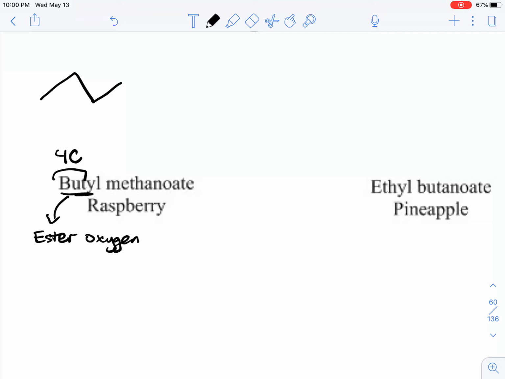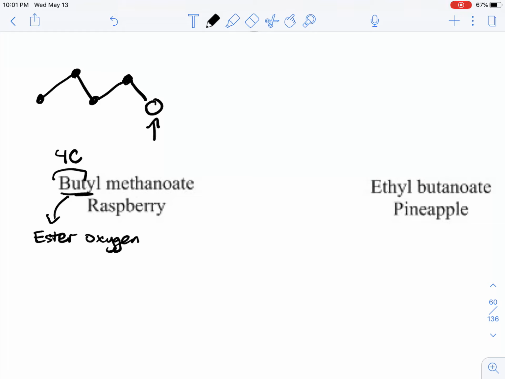Now, remember that these have to be carbons themselves. So please don't put in oxygen, because if you put in oxygen, notice how there's only 3 dots. So that's 3 carbons, which is propyl, not butyl. And so this is the 4th carbon, and after the 4th carbon, then you're going to draw the oxygen. So this is going to be the ester oxygen.